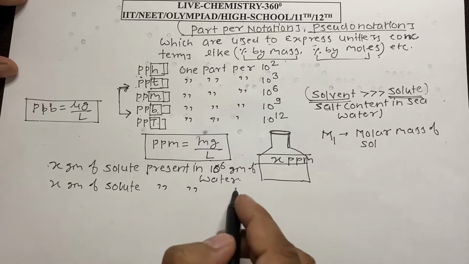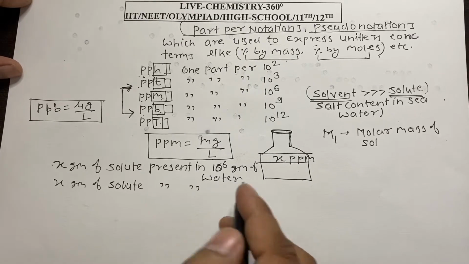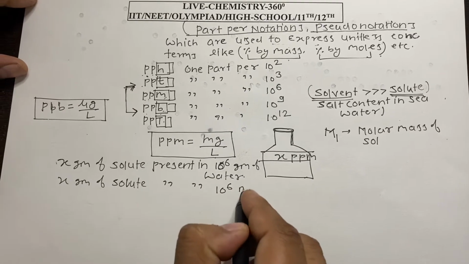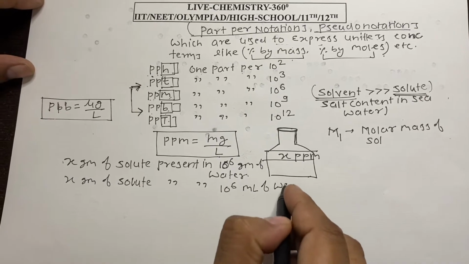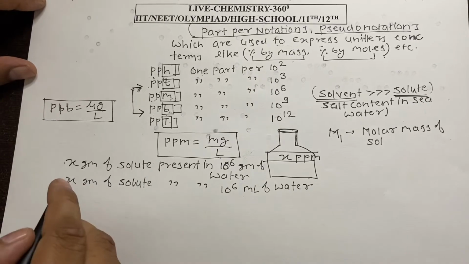The density of water is 1 gram per ml, so we can write this as 10 to the power 6 ml of water.